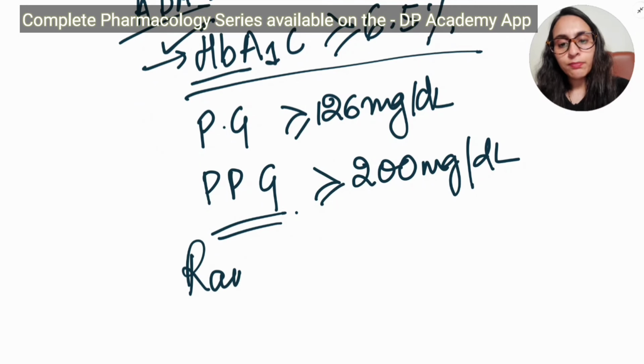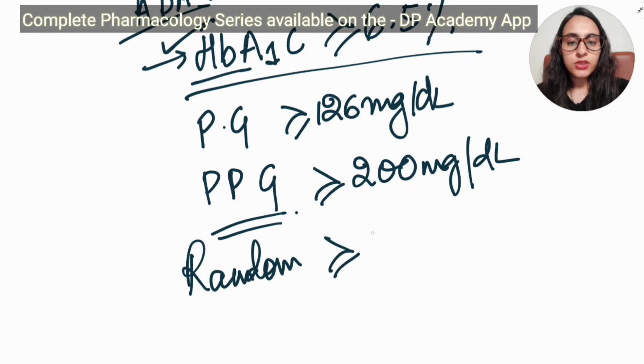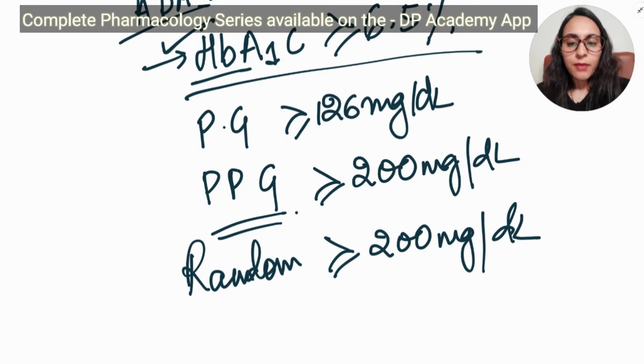Or if you do a random blood glucose test and it comes out to be more than or equal to 200 milligram per deciliter, plus we have symptoms of hyperglycemia.